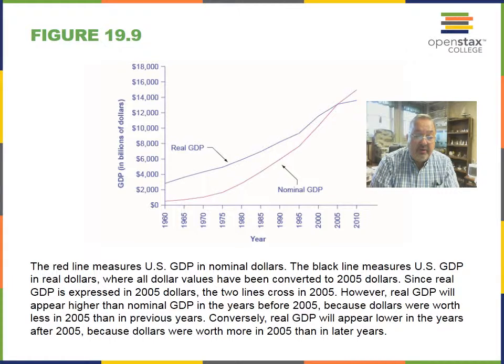Then the GDP for the years before that is adjusted as well. So we can see that the nominal GDP before that period of time is going to be less, and the real GDP is going to be more. So we're basing our inflation rates on a base year. Currently, that base year is 2005.